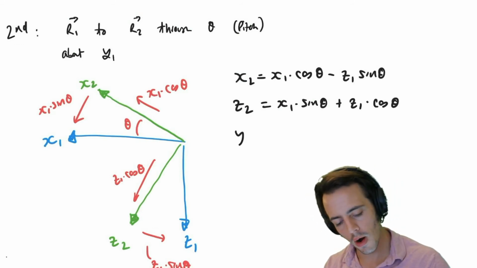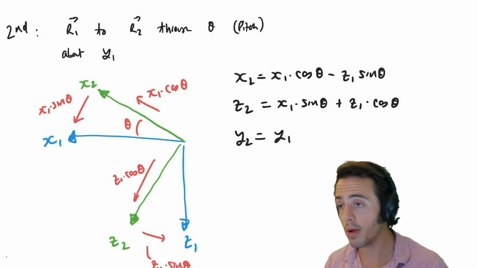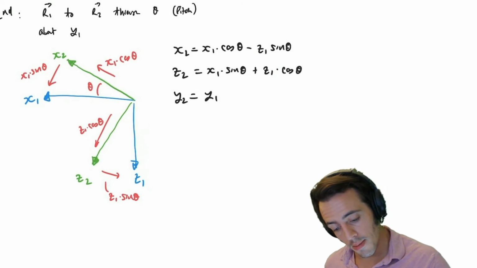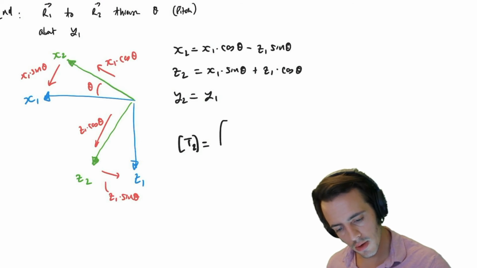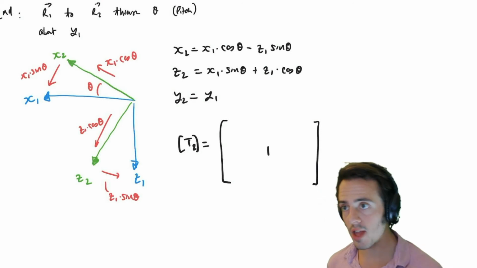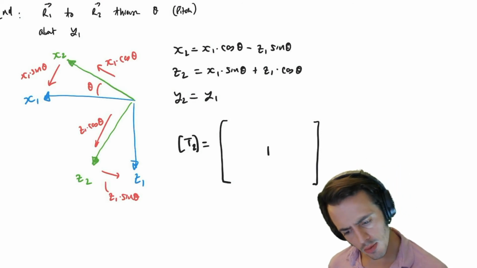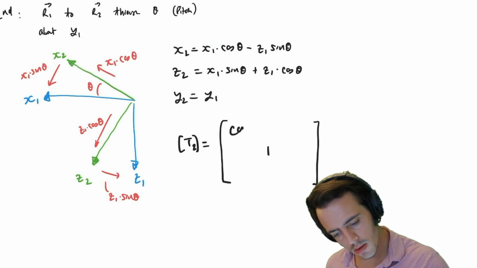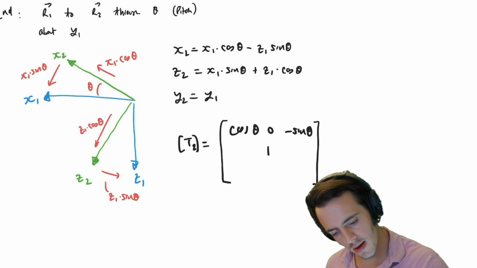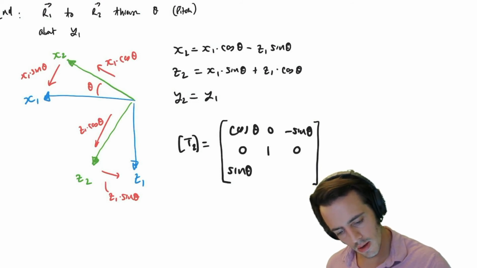And then I know that my y2 is just going to be the same as y1 because that's the axis about which we rotated. So I can see immediately that my transformation matrix, so T2 in this case, is going to be equal to, well, y is the one that's the same, so I have a 1 in the middle, and then, well, x, I've got cosine theta, 0, minus sine theta, 0, 0, and then in z, I've got sine theta, 0, cosine theta.